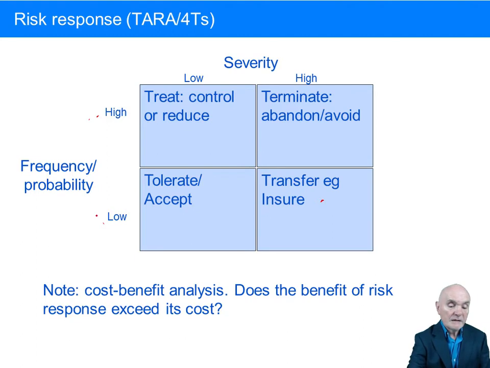There may not be much of a chance of it going wrong, but instead of doing it ourselves, where we have a little bit of a chance of messing it up, we will subcontract that. We will transfer this difficult bit of work to somebody else.